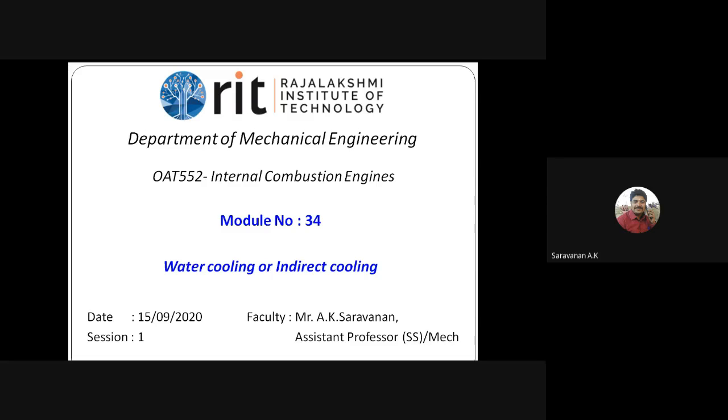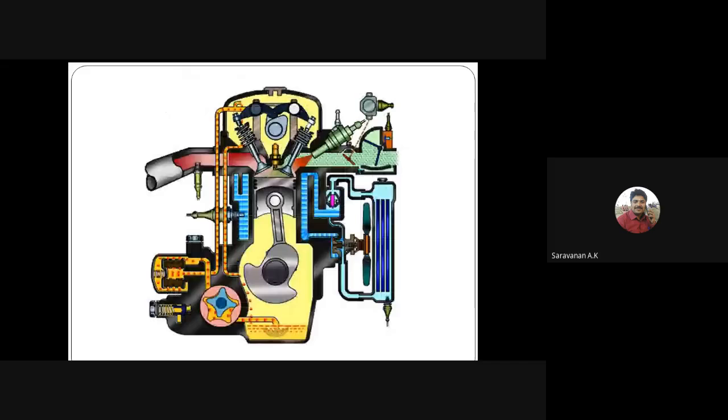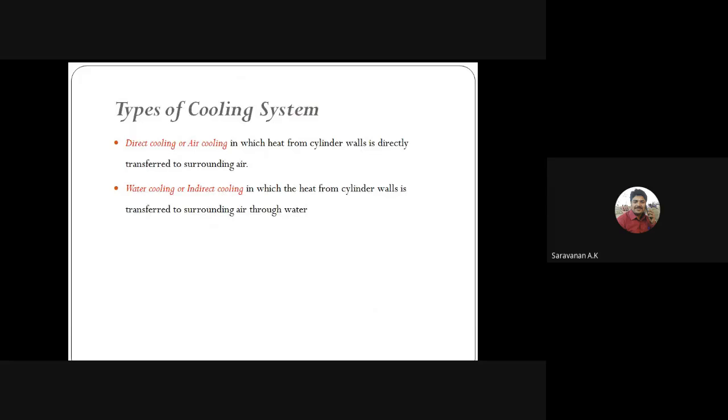In the last class, we discussed the basic introduction of the cooling system and the types of cooling system. We saw the air cooling or direct cooling system. Due to the combustion process, heat will be generated in the IC engine.